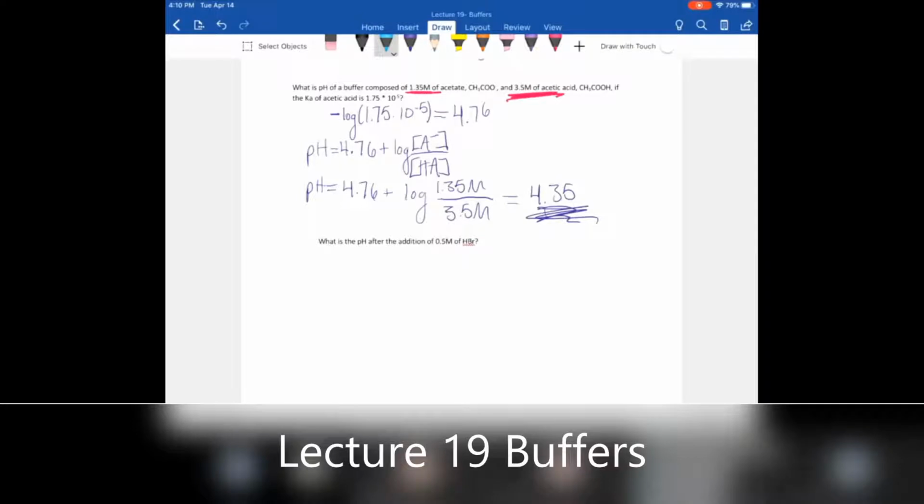But first of all, is it based on top, bottom with Kb? Yes, that is if you're solving for pOH. That would be pOH equals pKb plus log of acid over base. But you don't need to use that, it'll only confuse you.